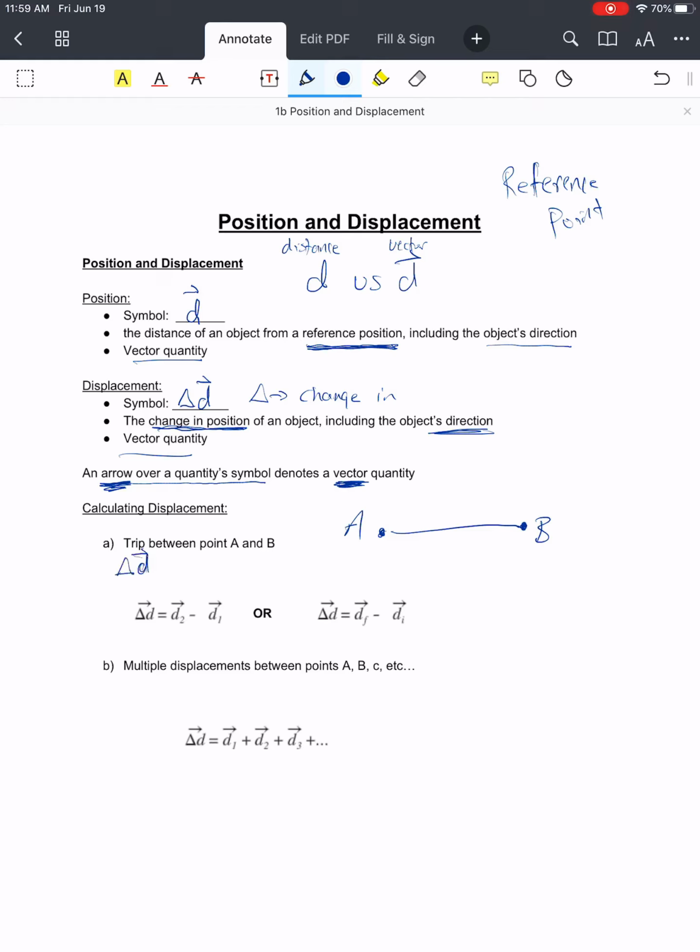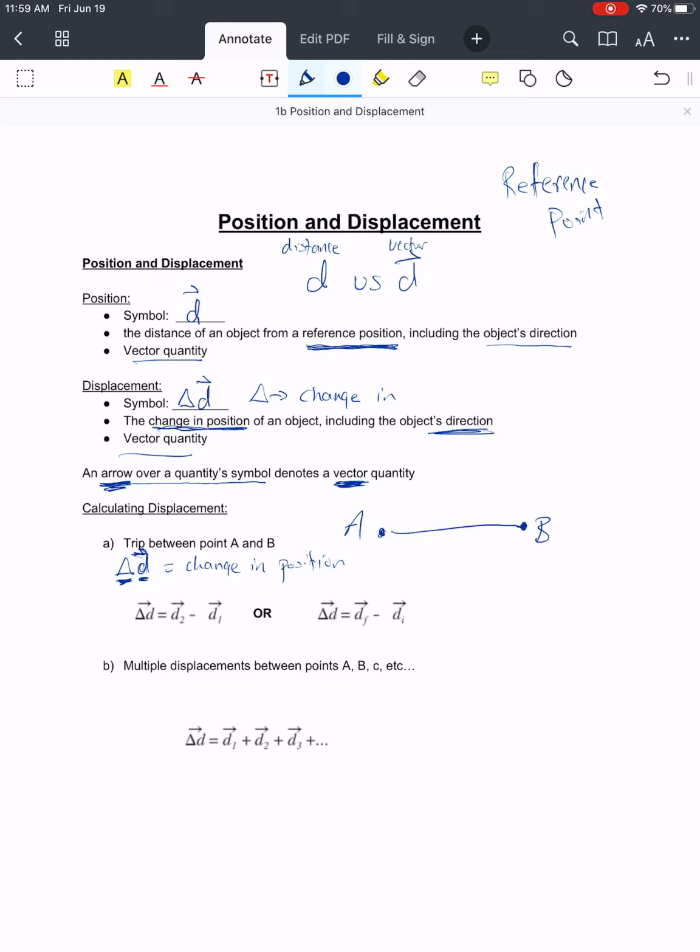Now delta means change in. So this is change in, which is the triangle, the delta, and it's the position symbol, change in position. So delta D with an arrow, delta means change in, the D with an arrow means position.